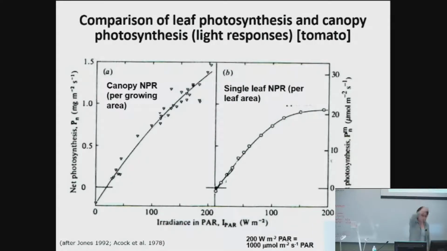And the photosynthetic rate is expressed, in this case, as milligrams of CO2 absorbed, per square meter of growing area instead of leaf, because there are so many leaves, you can't really say per square meter of which leaf. So usually canopy photosynthesis is expressed per square meter of growing area.